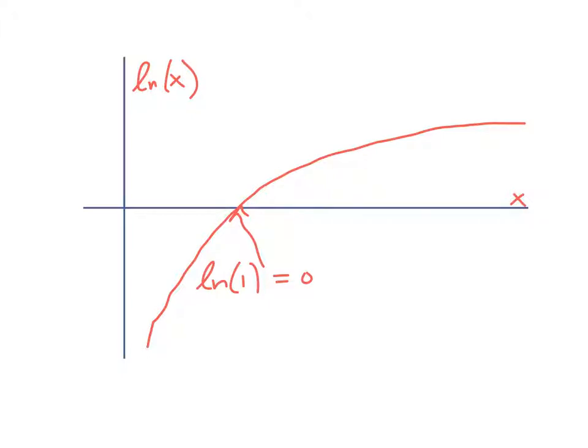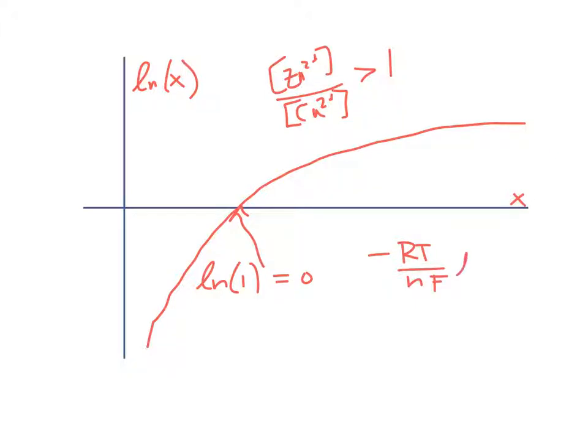So I know if my ratio of zinc 2+ ions to copper 2+ ions is greater than 1, that's the region where my logarithm is positive. Since I have negative RT over moles of electrons times Faraday constant, times the natural log of Q, if I have a positive value for my logarithm, I'm going to be subtracting from my cell potential.